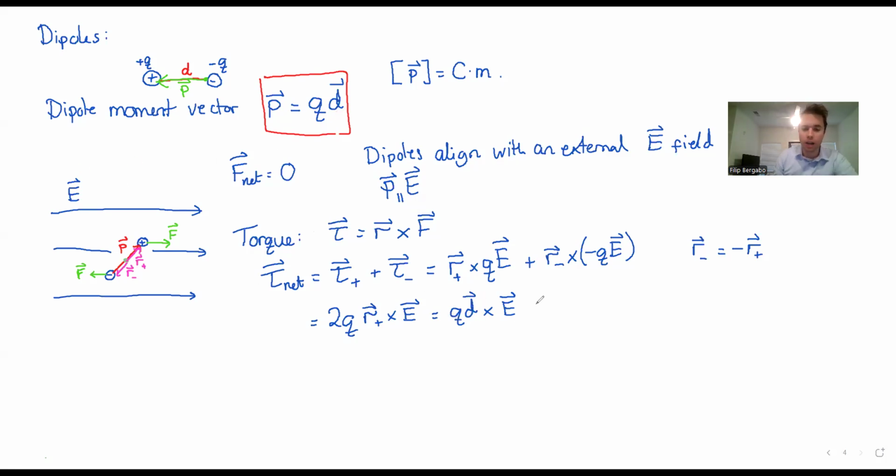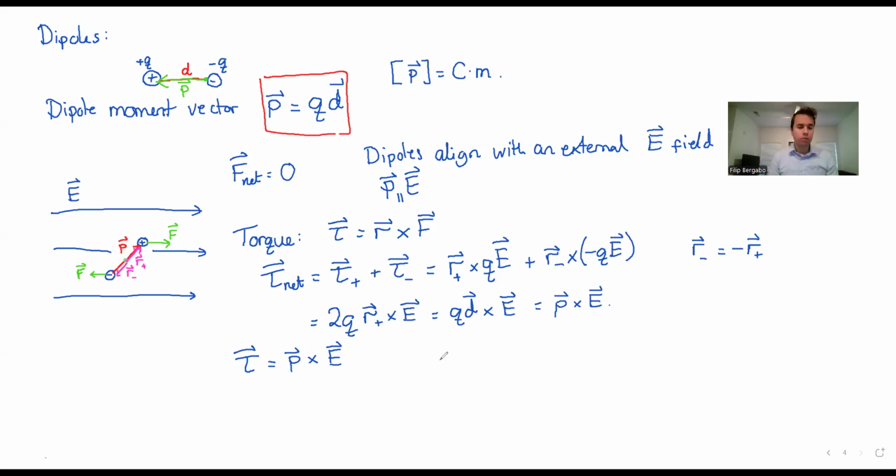So we can write this as p cross E. So this is a really nice result. You don't need to remember all the details here, but the important thing to keep in mind is that the torque on a dipole is the dipole moment vector crossed with the field that it's in.